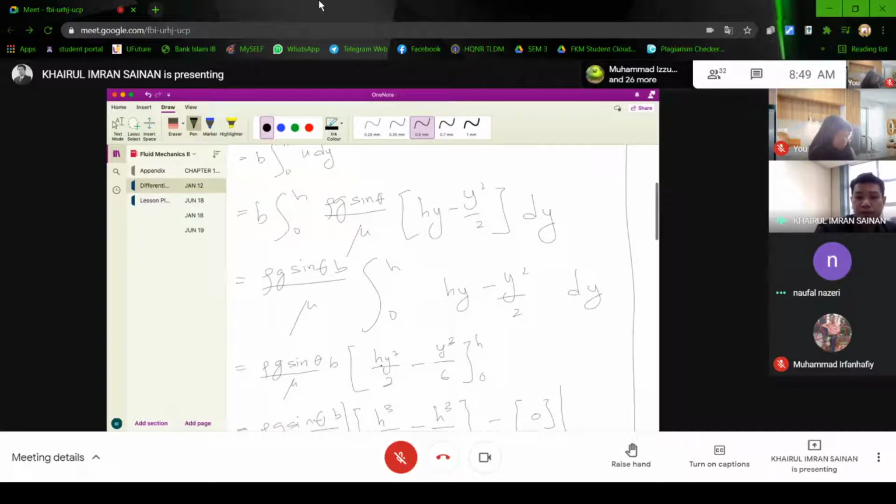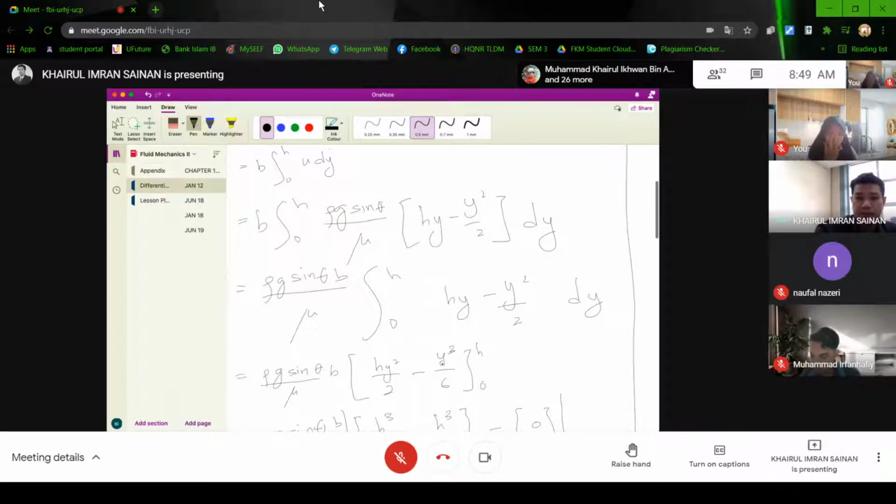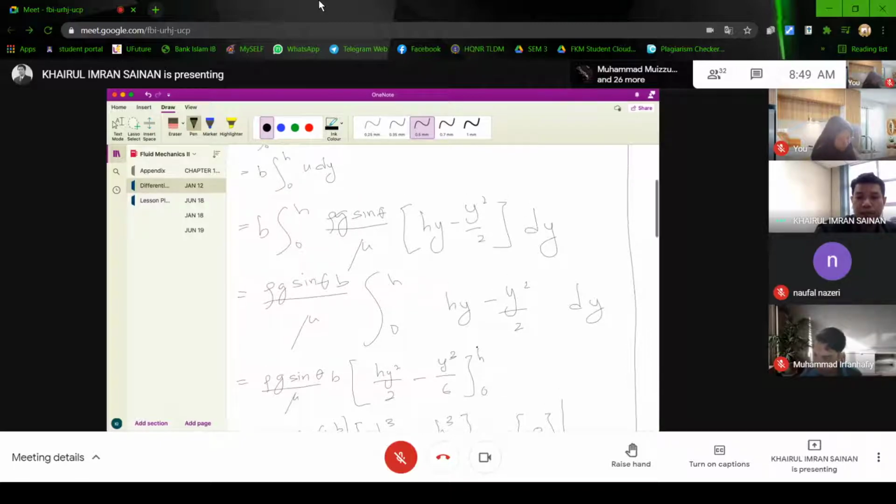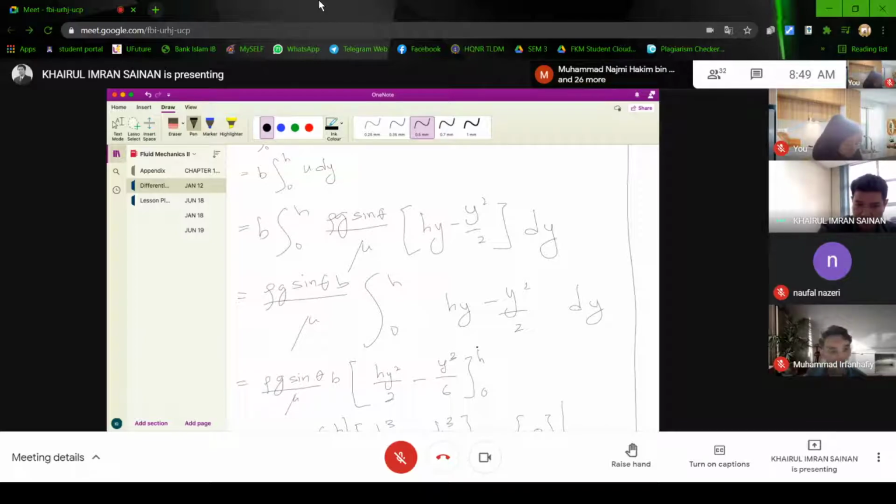So you're going to have hy squared divided by 2 minus y cubed divided by 6. Later you need to put the limits from 0 to h. So do it now, solve for h and 0 as well.